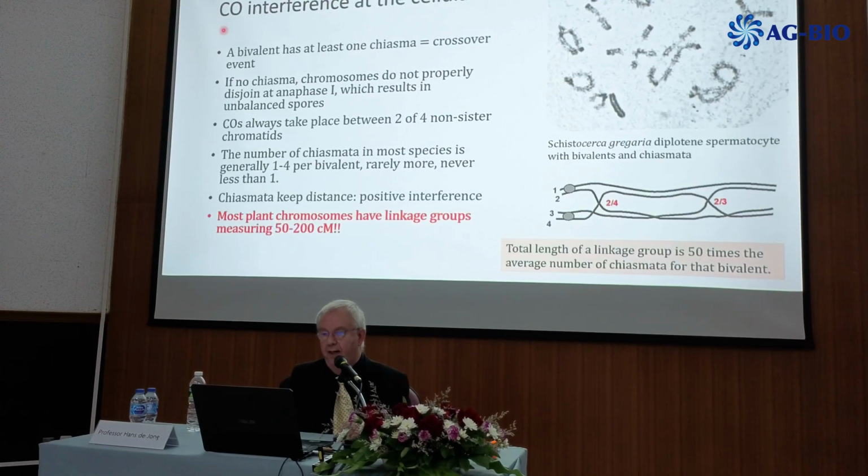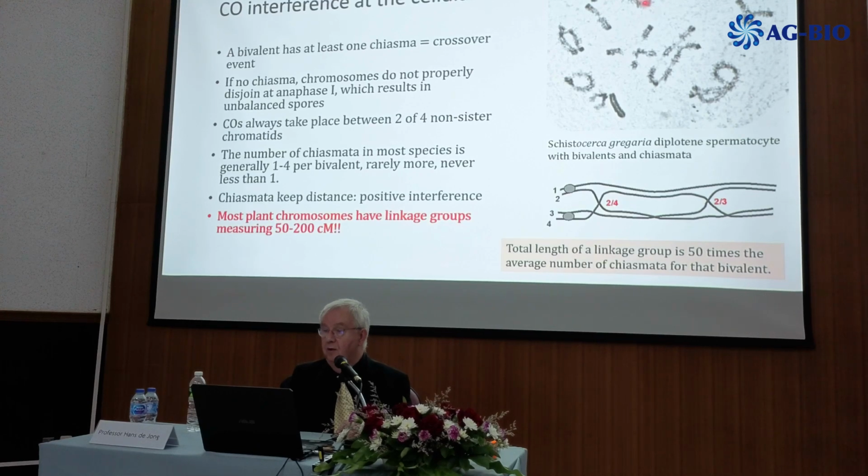Okay, now finally the crossover interference at the cellular level. This is a beautiful example. Probably some of you have done these experiments as a bachelor student. This is a grasshopper. I've seen many grasshoppers here in Thailand. If you take the male and remove the testes and make a nice squash or chromosome preparation, you see here a bivalent with 1 and 2 chiasmata.